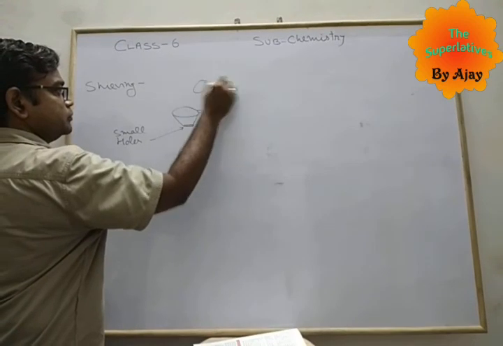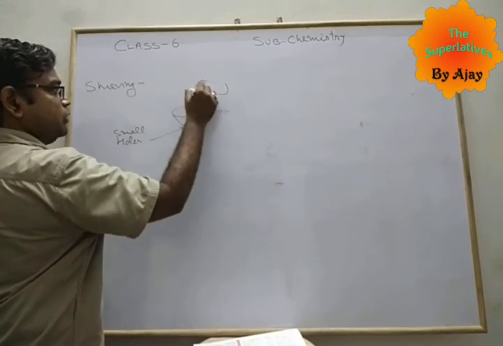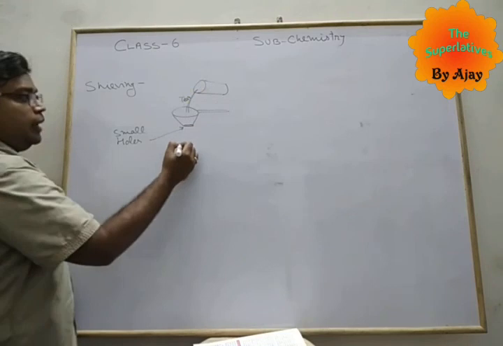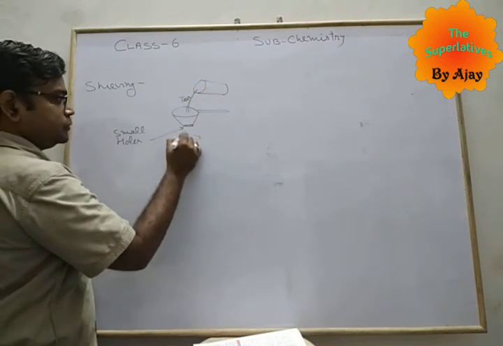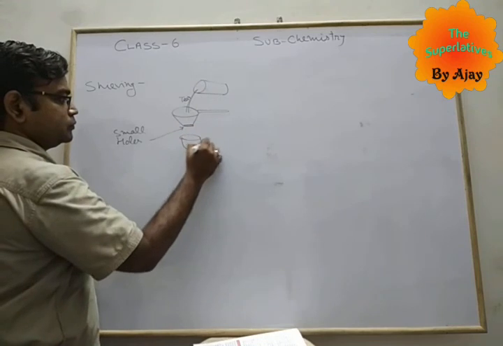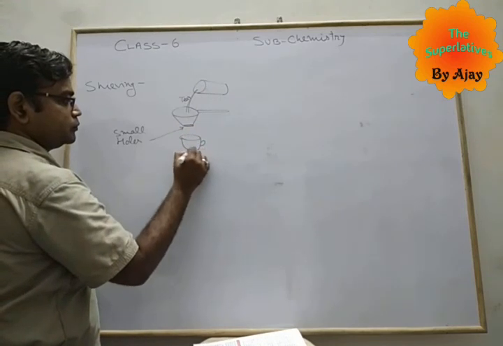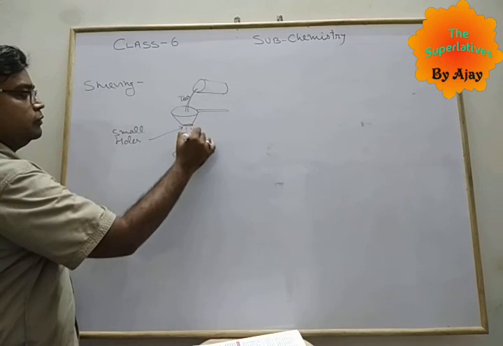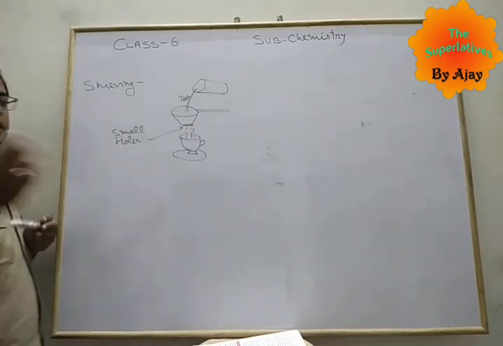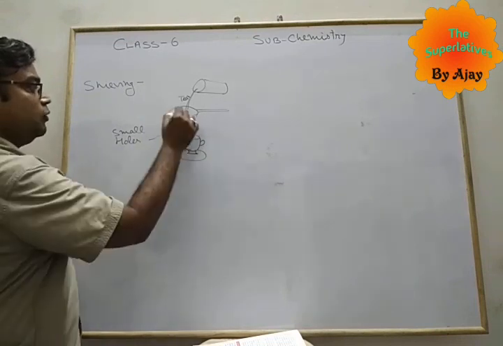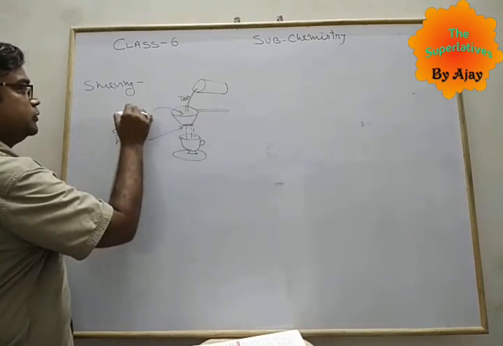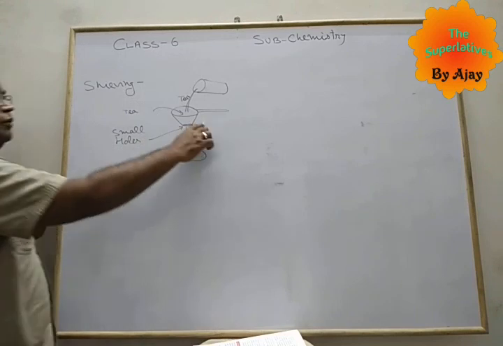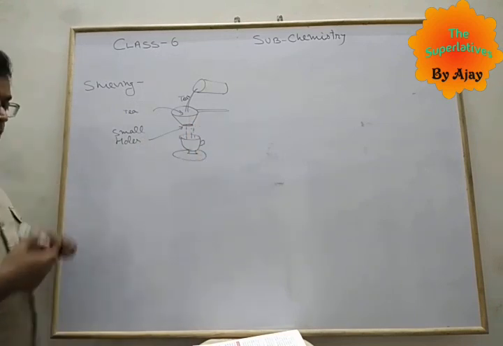They pour tea from the container, and in your cup the filtered tea is poured, fine, without leaves. All the leaves and ginger pieces are collected inside the sieve. This is the process of sieving.